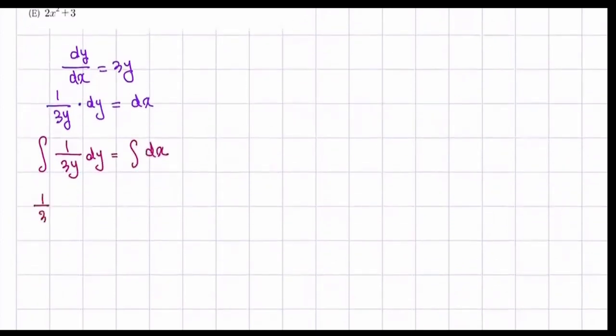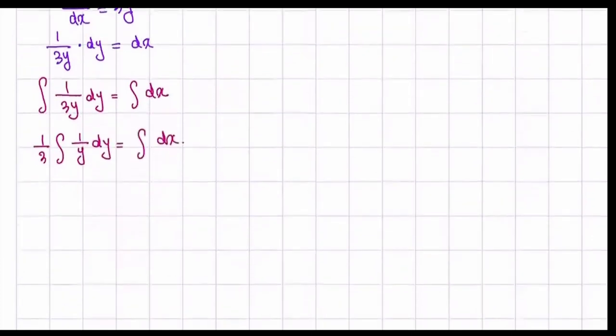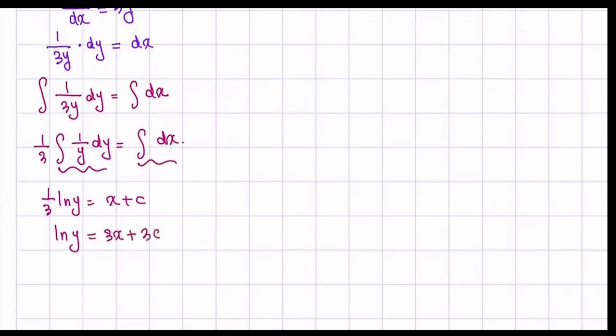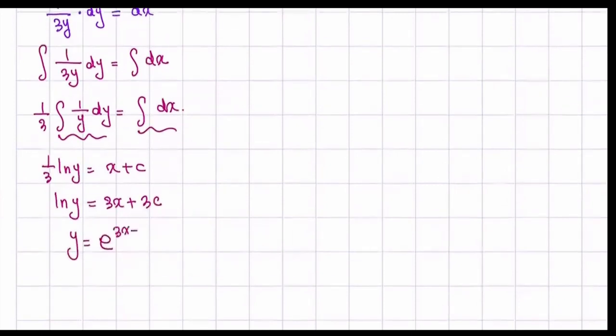Extract this fraction: 1 over y dy, and this is dx. This part is 1 over 3 ln y, and this is x plus c. Multiply 3 on both sides: 3 times x plus 3 times c. y equals e to the power of 3 times x plus 3 times c.